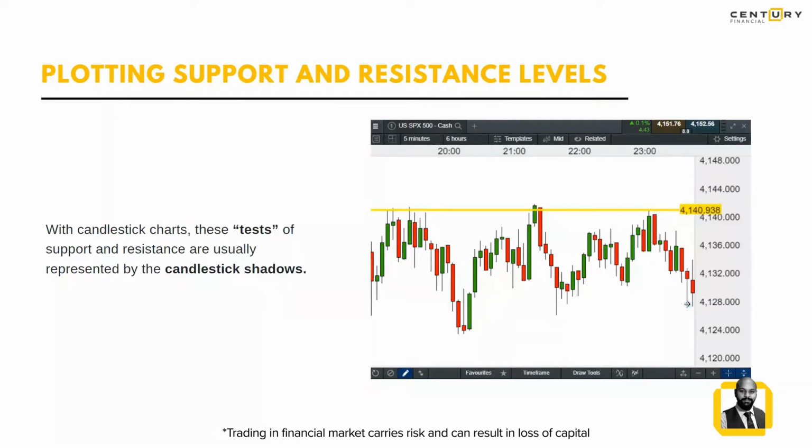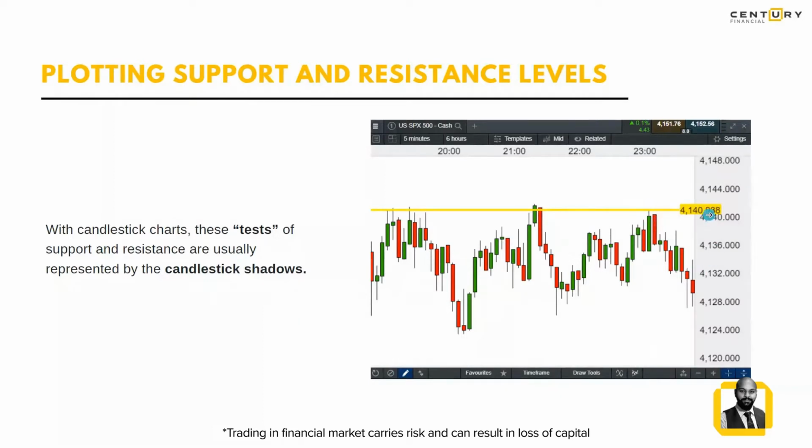Now, there's one rule that most technical traders follow. For you to identify something is at support, or in this case at resistance, it should have a minimum of 3 points that it touches before you take any action on that specific resistance or support. In this case, this was the first time it touched, this was the second time it touched the same resistance, and this is the third time it touched the same resistance.